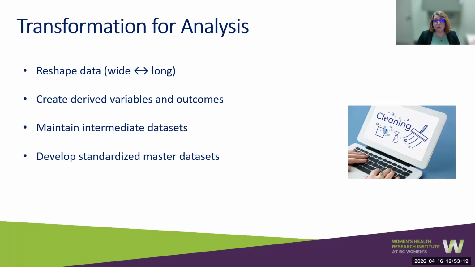What else is included in transformation for analysis? It's creating outcome variables. For example, in the data you have gestational age, but you need to identify a variable like preterm birth. Here you need to define the definition, create the variable, and validate. What I mean by validate: if you create preterm birth based on gestational age, you must have a frequency of preterm birth against gestational age to make sure you coded it correctly.